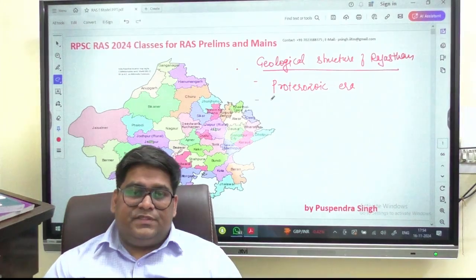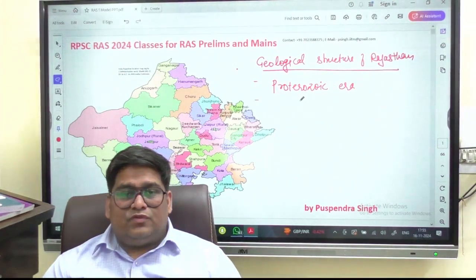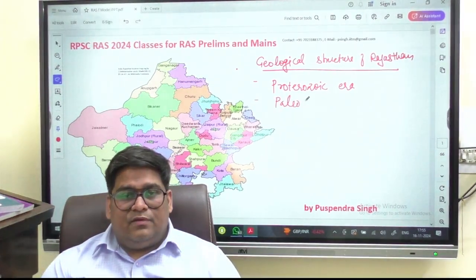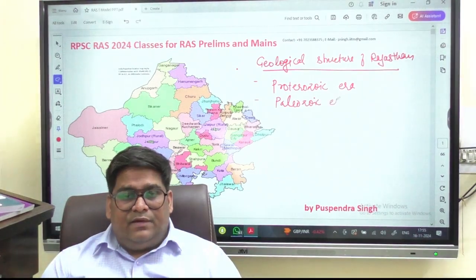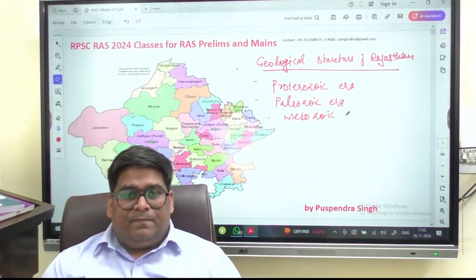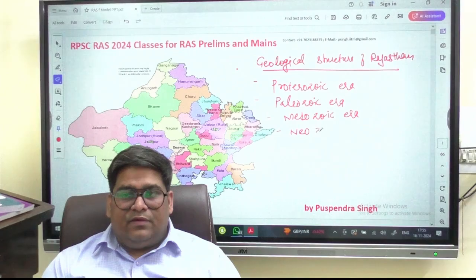This is the first phase that has happened in terms of the changes in the geological structure. Then you have the Paleozoic era, Mesozoic era, and the Neozoic era.